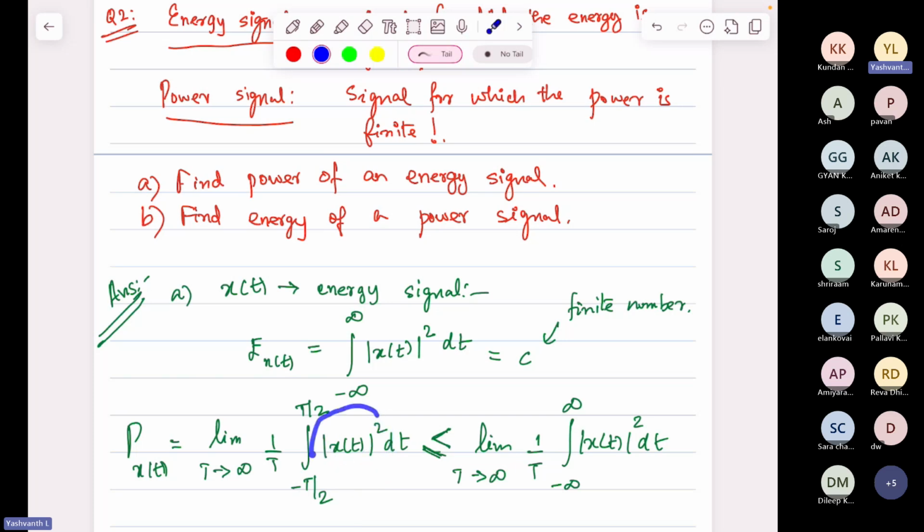I'm adding positive real numbers only between minus T by 2 to plus T by 2, but on the right hand side I'm adding from everywhere. So I'm only adding more terms in the integrand, and if I add more positive numbers, it can only become larger. That's why this less than or equal to symbol. Everywhere else it is the same. Is this step clear?